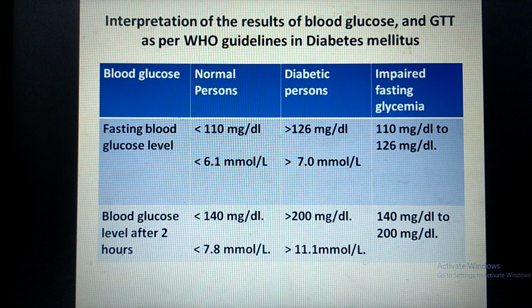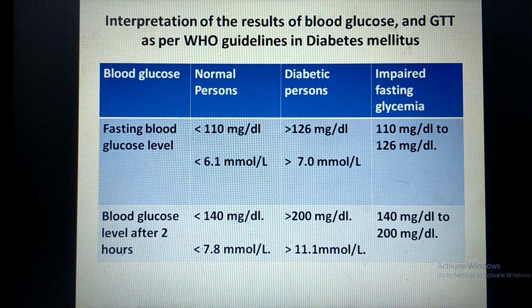But if the fasting blood glucose level is between 110 to 126 mg per deciliter, then it is called as impaired fasting glycemia, and such persons have to go for another test called as GTT for the confirmation. The long form of GTT is glucose tolerance test, which we will cover in another topic.